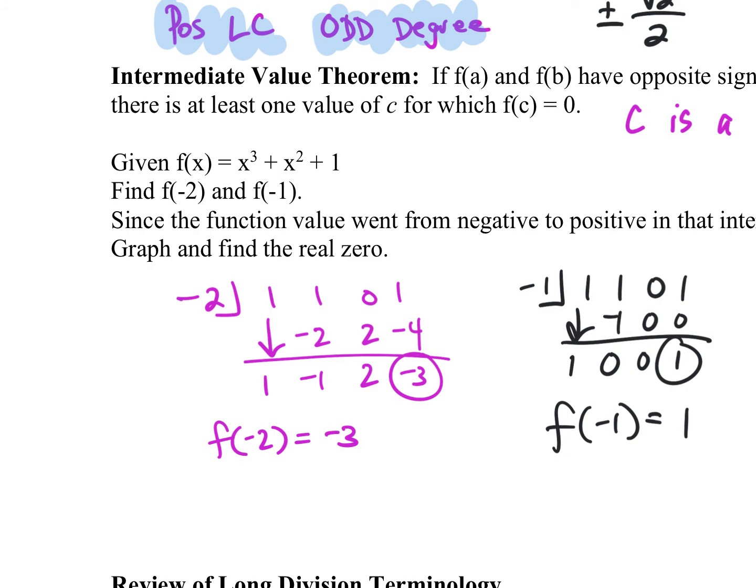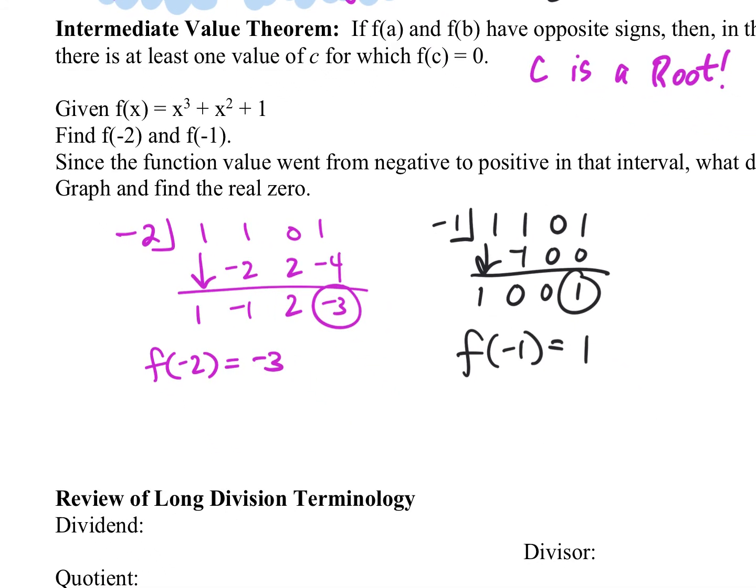What we're saying here is that between negative 2 and negative 1, we will find an x-intercept. We can see that f of negative 2 is negative. It's negative 3. And f of negative 1 is positive. It's positive 1.